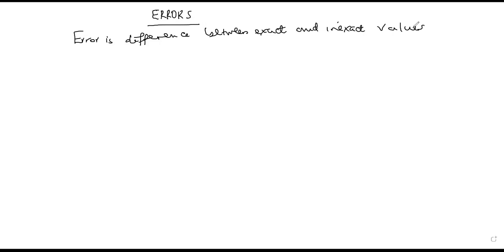So we shall always use small letters or italics to denote inexact values, and we shall be using capital letters for exact values. Okay.